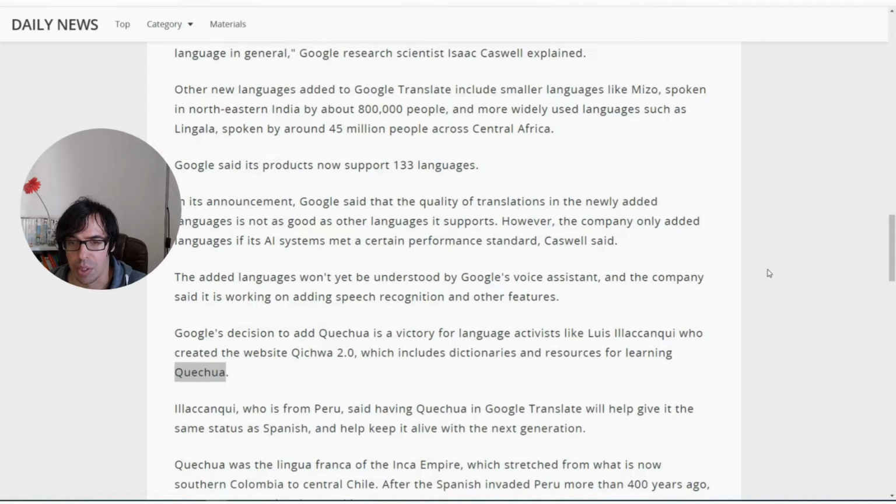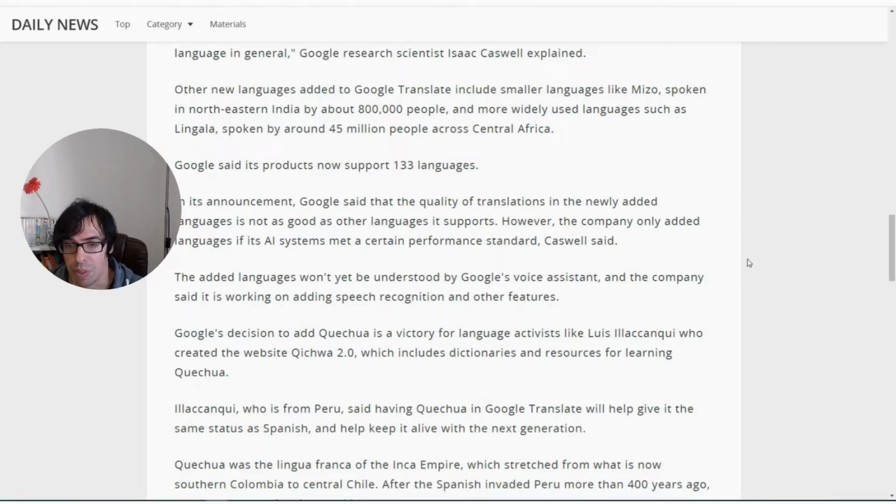Other new languages added to Google Translate include smaller languages like Mizo, spoken in northeastern India by about 800,000 people, and more widely used languages such as Lingala, spoken by around 45 million people across Central Africa. Google said its products now support 133 languages.